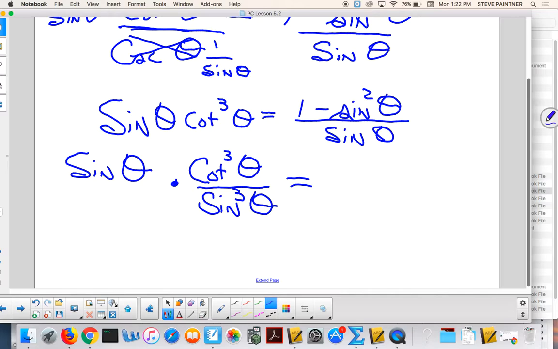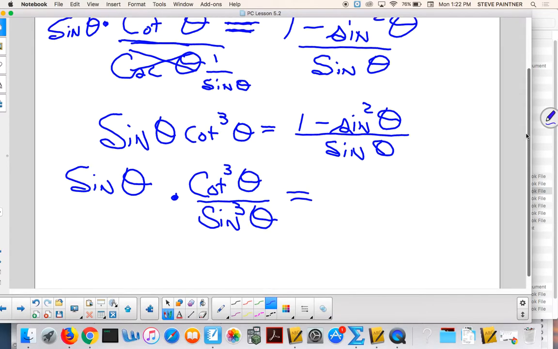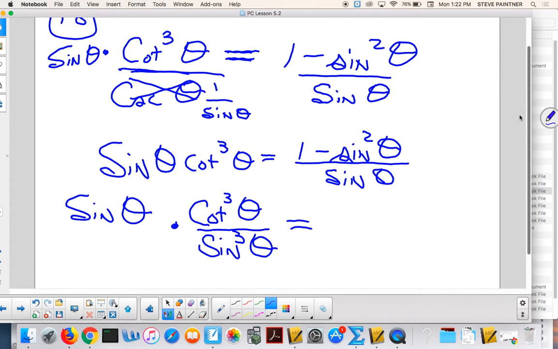Okay, now what? Wait, how do we get that? Did I mess up here? In the fraction, cosine. Oh, yes, the cosine, that's big. Okay, so cosine.